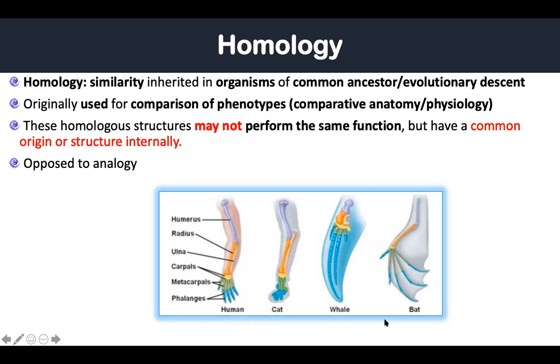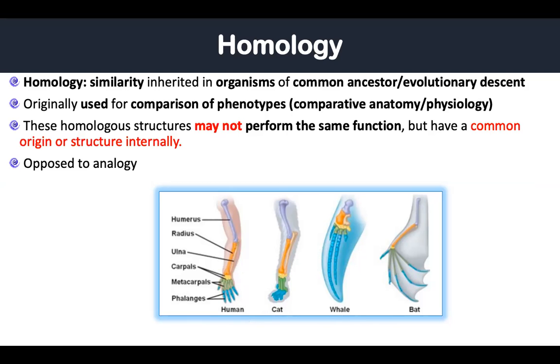So you can see that evolutionarily they share a common ancestor. Superficially, if you just look at the outside, a human's hand looks very different from a cat's legs or a whale's fins or a bat's wings, right? But if you look at the internal structure, the anatomy, they actually have the same bones.